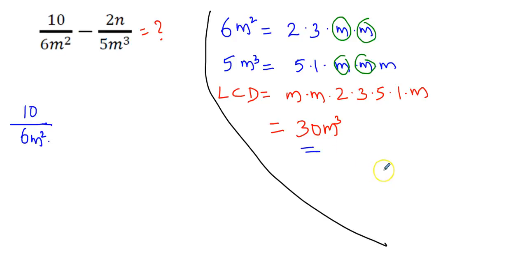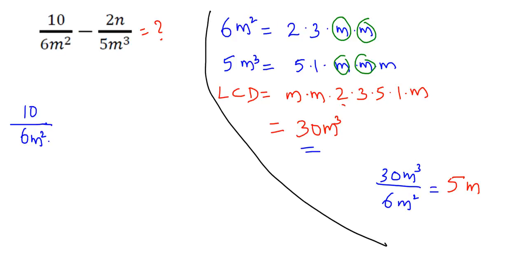In 30m cube, you already have 6m square. So what is it that I have to multiply? You will get that by doing this cancellation process. 6 can divide 30 5 times. m to the third over m square is m.